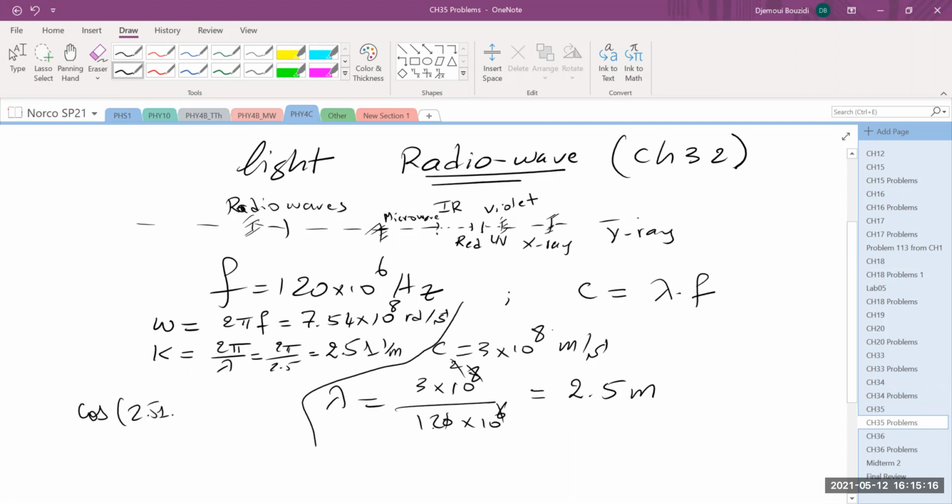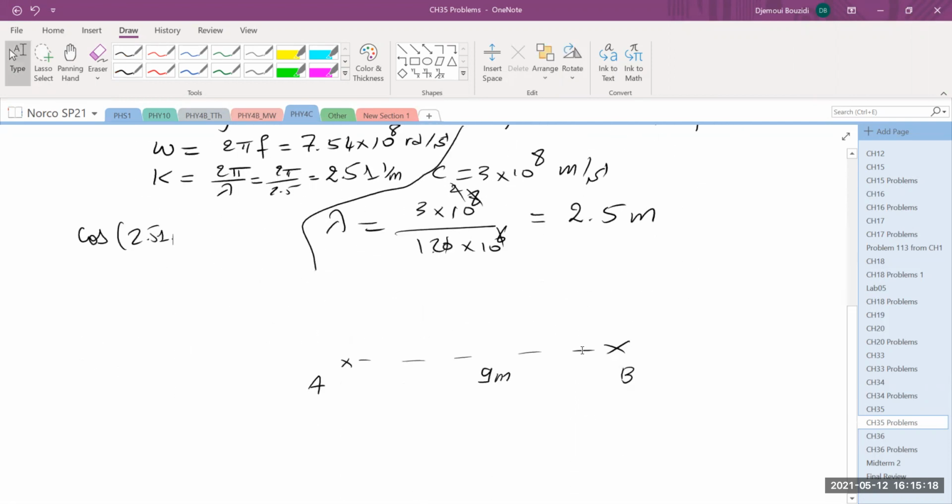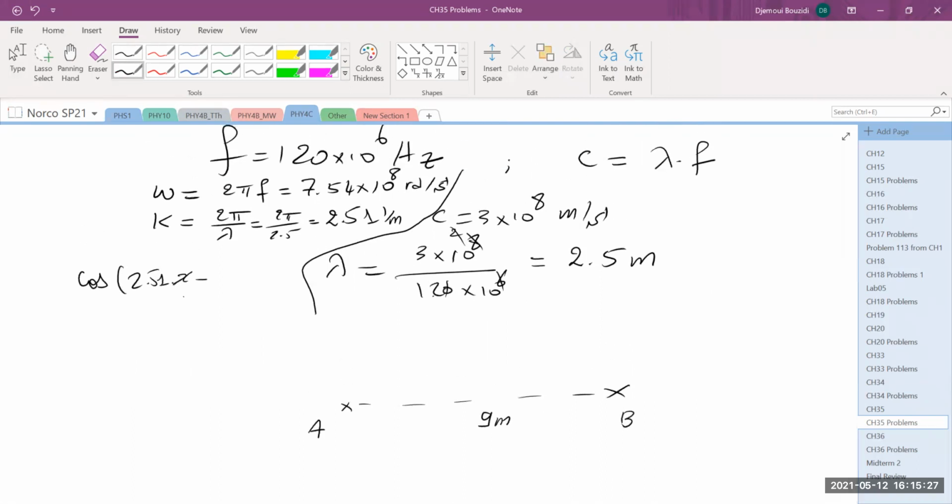If I call the distance X, because we're going to be on this axis, it's kx minus omega, which is 7.54 times 10 to the power 8, times t. So this is how the wave looks, plus probably a phase inside the argument.